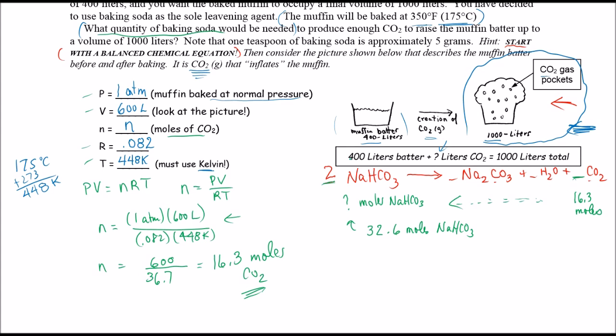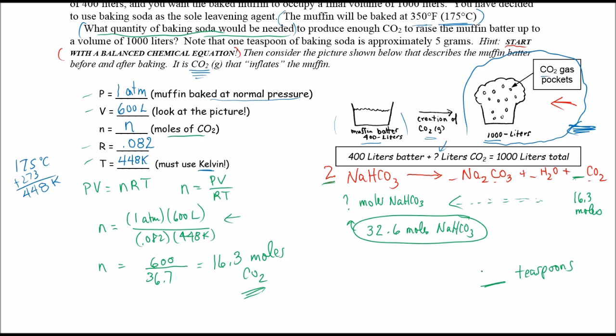Easy. Okay, so this is an answer. So you could just circle it and say, that's my answer. What quantity of baking soda would be needed? 32.6 moles. But I will encourage you and hope that you will try to figure out, well, how many teaspoons is that? Because bakers use teaspoons, and it would be kind of fun to calculate how many that is.